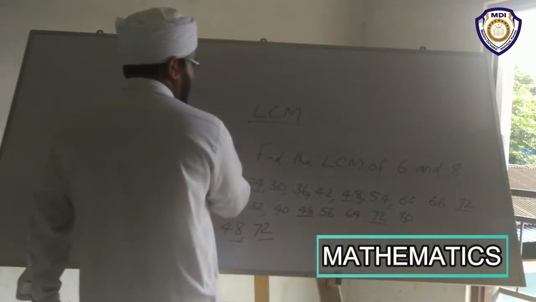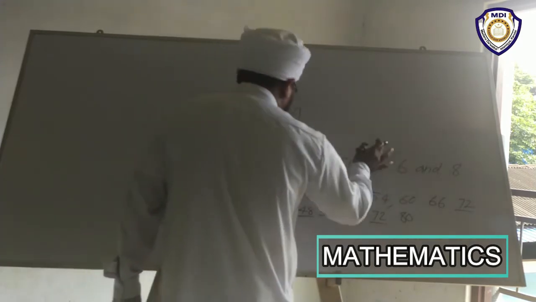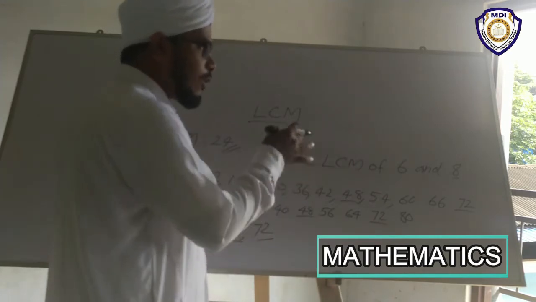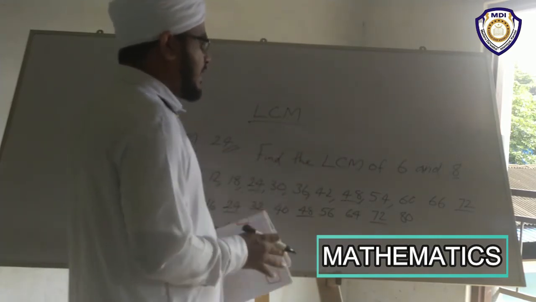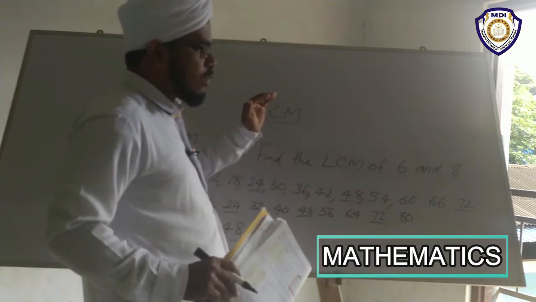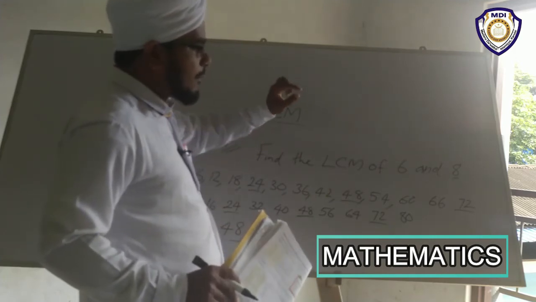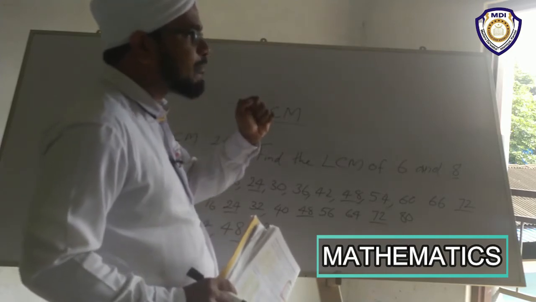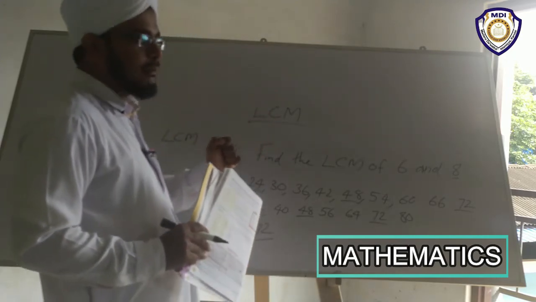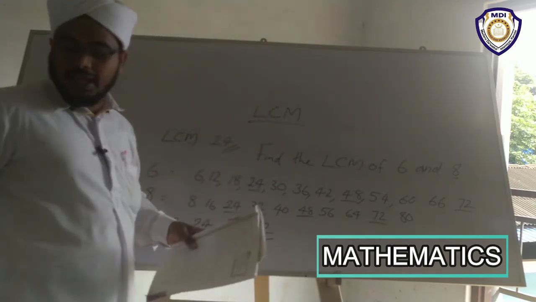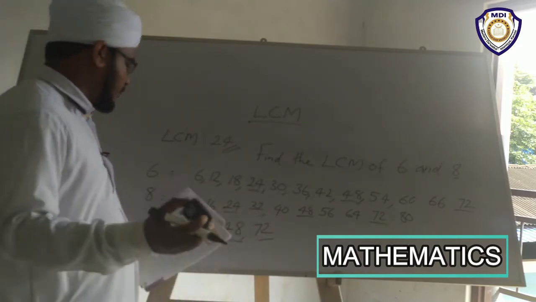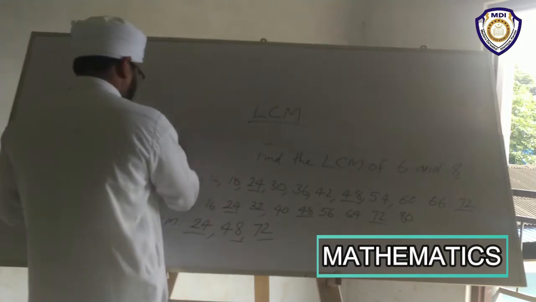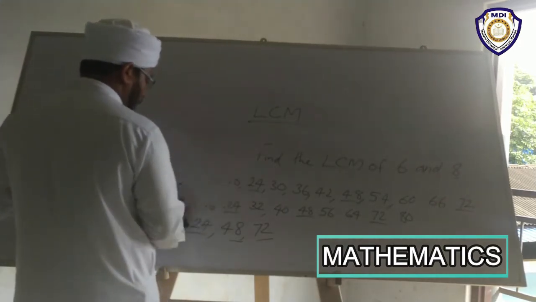Yes, 24 can be divided by 6 and 24 can be divided by 8. That is the smallest number which can be divided by the given two numbers without any remainder. That is LCM. Then there are different examples you have to write down in your notebook.